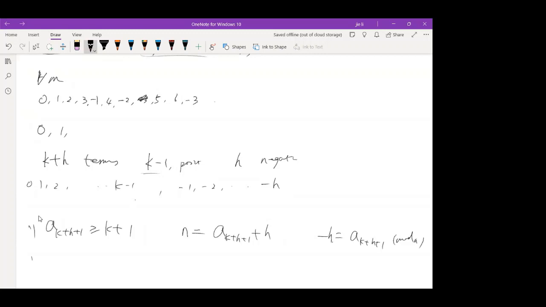Similarly, if you have a k plus h plus 1 term less than or equal to minus h plus 2, you can also choose one, and at this moment you want to show there will be a contradiction.